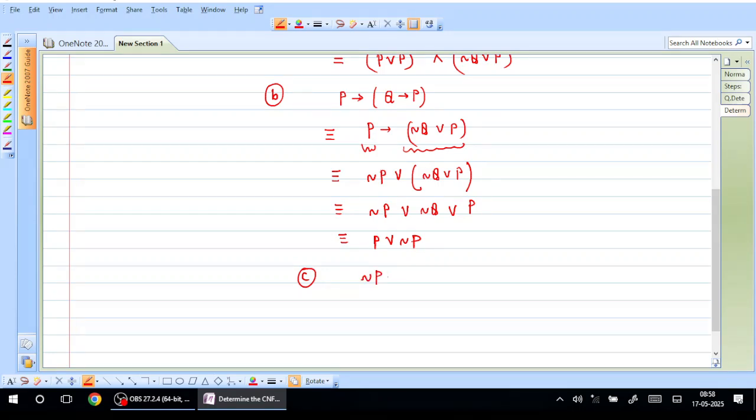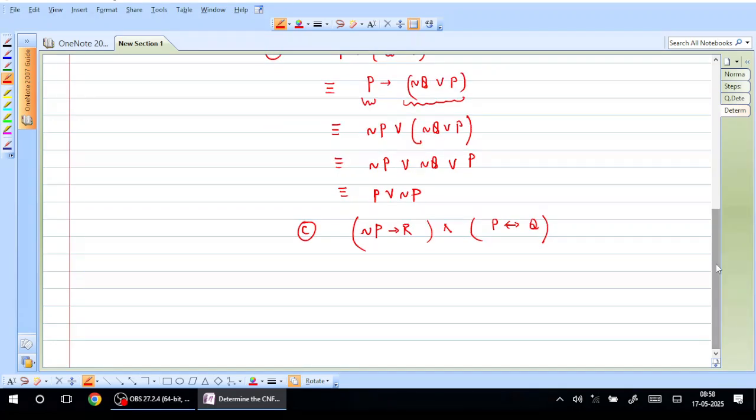Suppose negation of P implies R, and I have meet of this expression with P if and only if Q. So just have a look at what I can do here. I have to use the biconditional conversion.